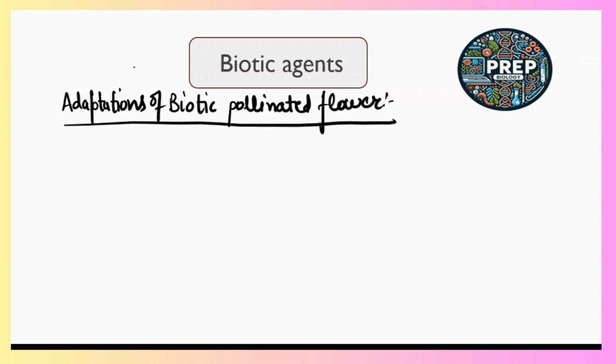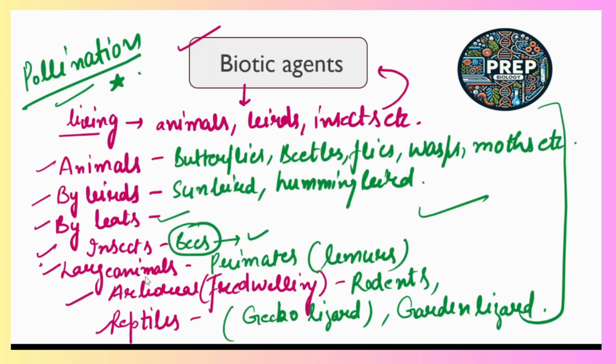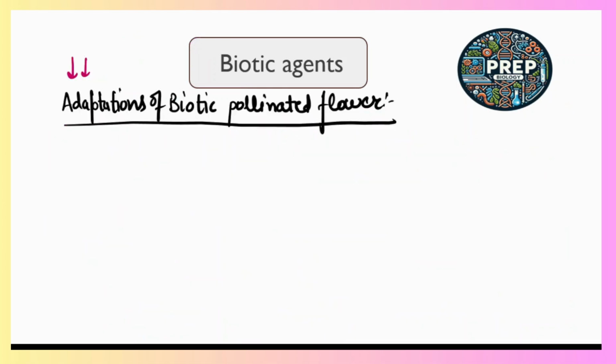Under this we have insect pollination, bat pollination, all these kinds of pollinations, with the help of all these living organisms the pollination occurs. What are the adaptations of the biotic pollinated flower? The first adaptation is the flowers are large, colorful, so that they can attract the insects, birds, animals.